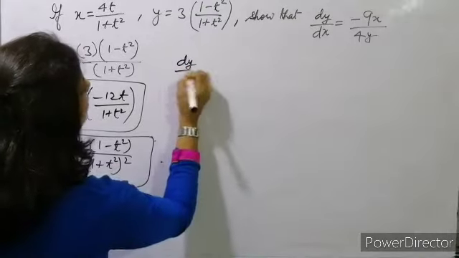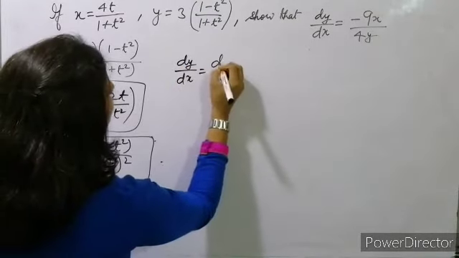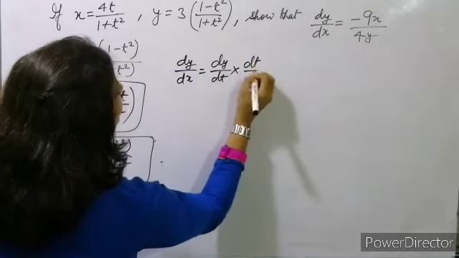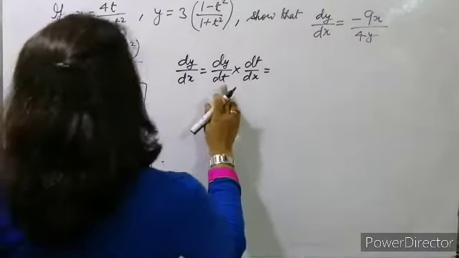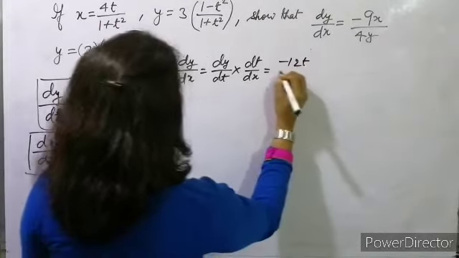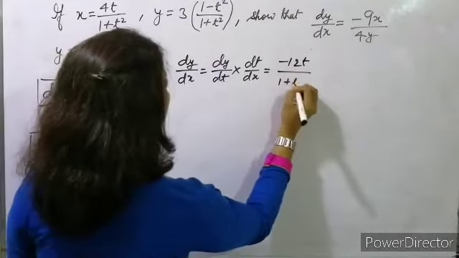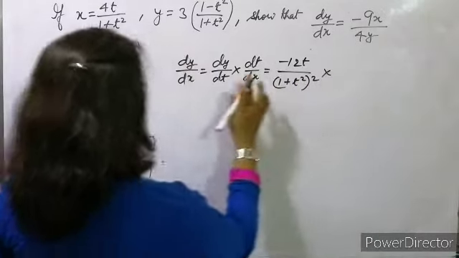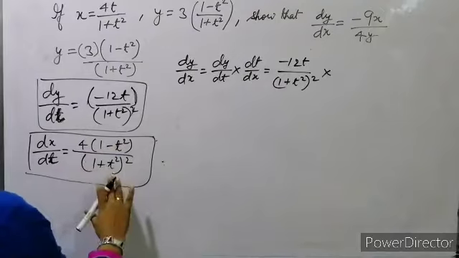So dy upon dx will be equal to dy upon dt multiplied by dt upon dx. dy upon dt will be minus 12t divided by 1 plus t square whole square, and into dt by dx, meaning inverse of this one.